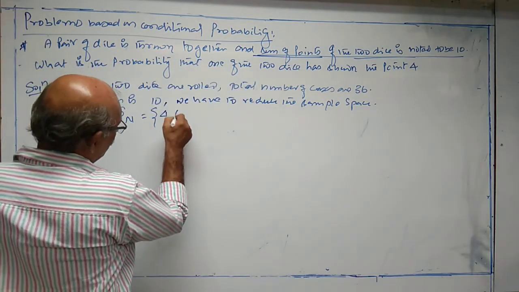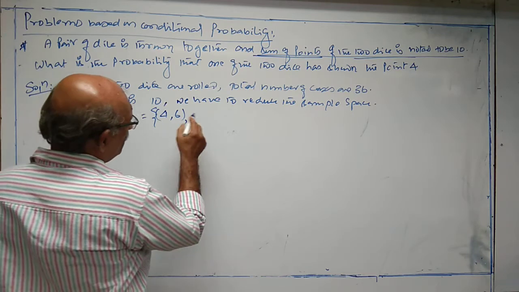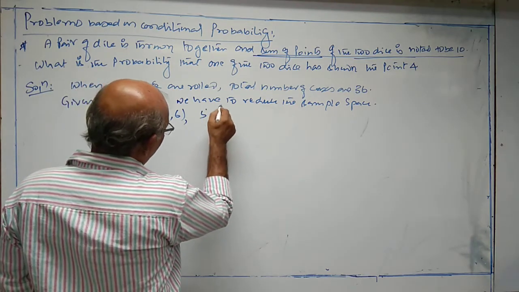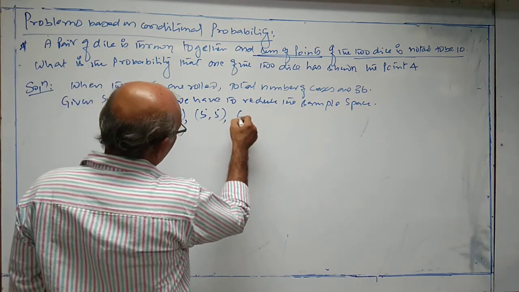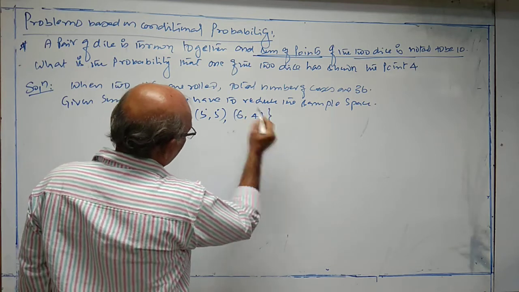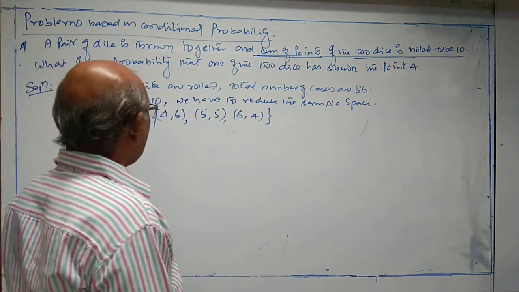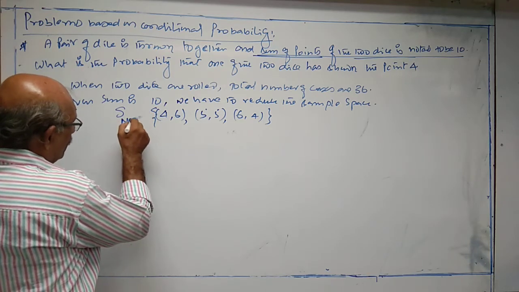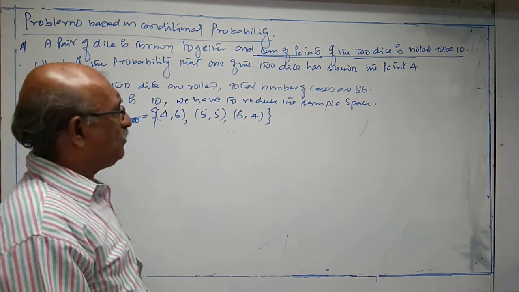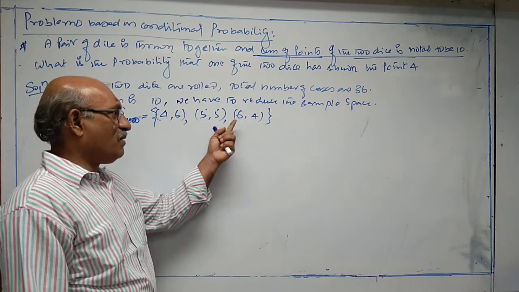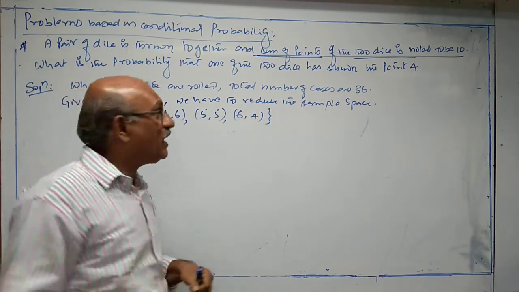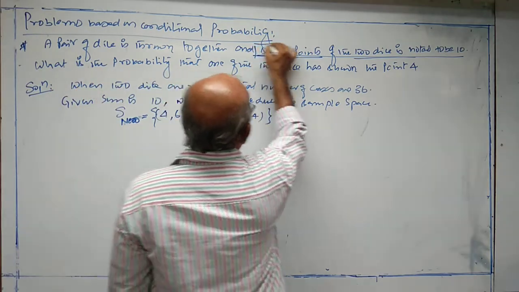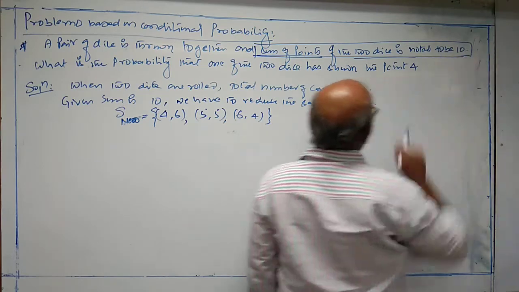So 4, 6 is one case, 5, 5 is another case, 6, 4 is the third case. So the new sample space consists of only 3 points, 4, 6, 5, 5, 6, 4, because of the condition that the sum of the numbers on the dice is noted to be 10.